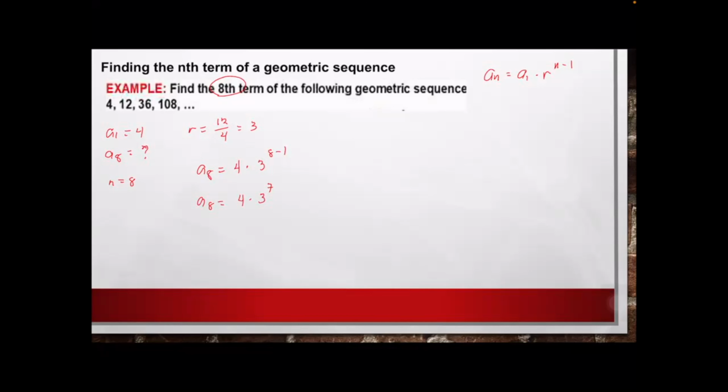Now, please press on your calculator so we can go straight to it. We have 4 times 3, then the symbol that is on top, in the function part, then 7, equals. So, a sub 8 is equal to 4 times 3 raised to 7.